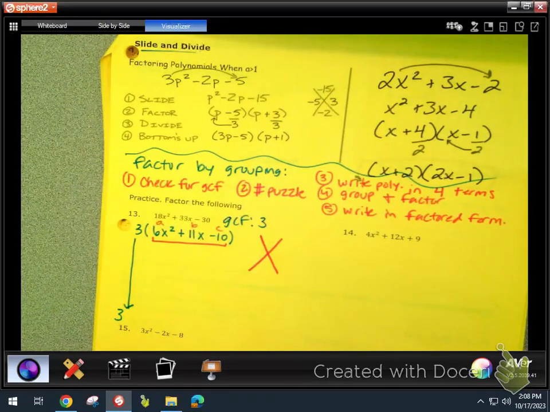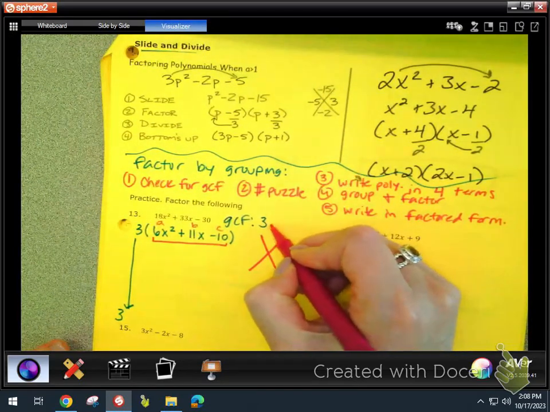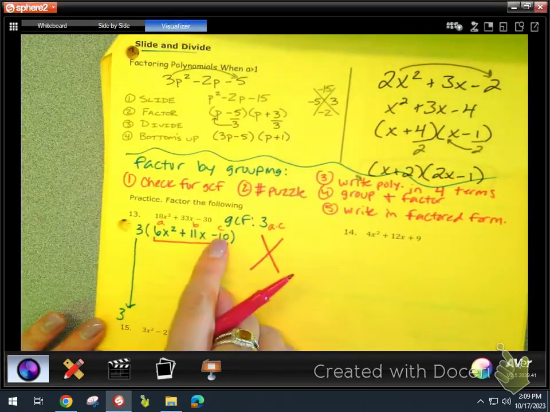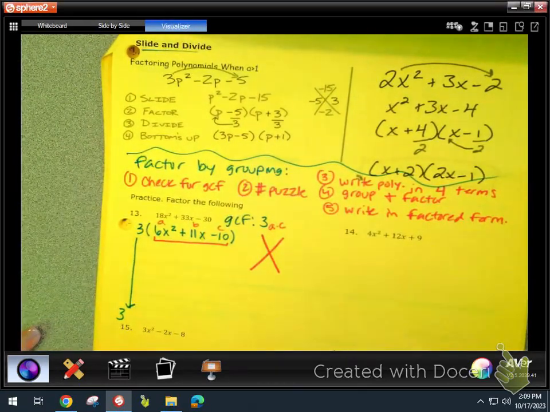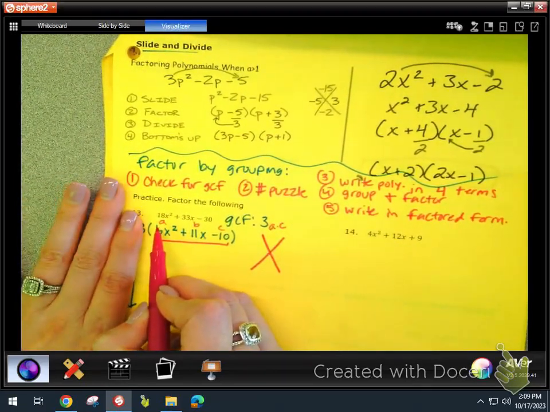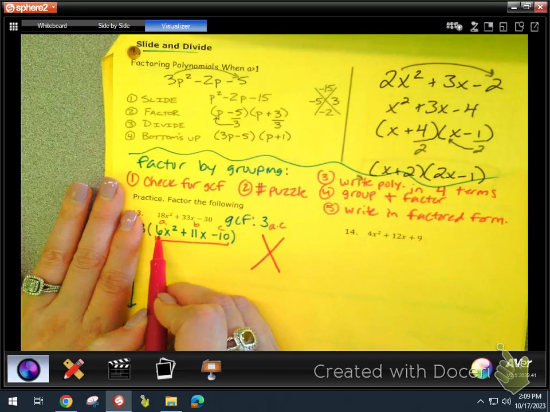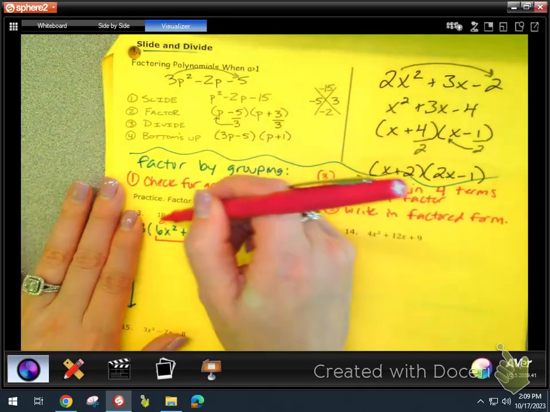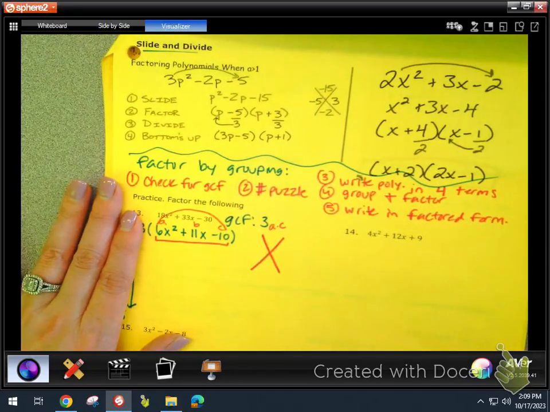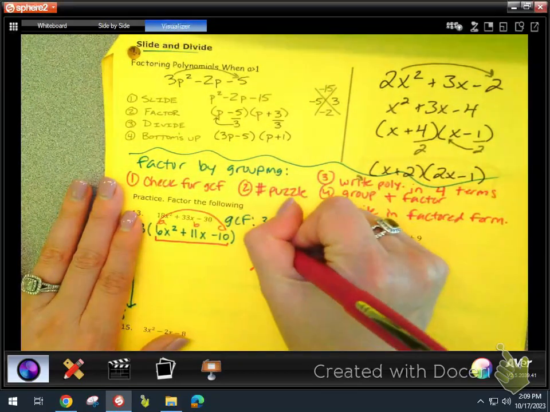So at the top of my x, I need to find the product of my a term and my c term, okay? So I need to multiply the first coefficient times the last number, and again, I'm ignoring the GCF at the beginning. A lot of times in Algebra 1, we make a little rainbow right there. So what is 6 times negative 10?